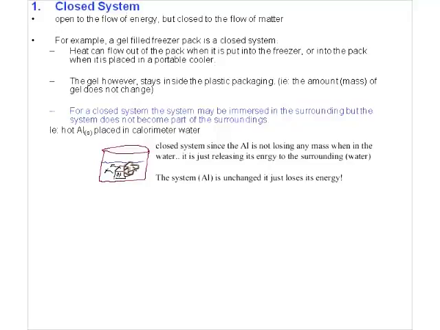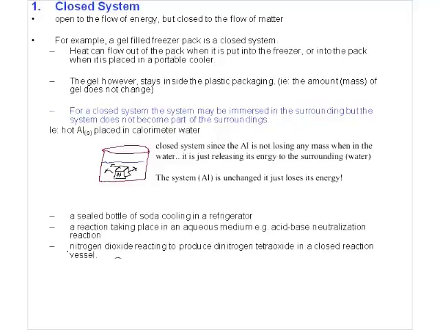At the end of this process, the chunk of aluminum has the same mass before and after, so it's going to be a closed system, even though I don't have any cover on the top here. Because I'm not studying what's happening to the water, am I? The water is now my surroundings. What I'm studying is the aluminum. Okay? There we go.